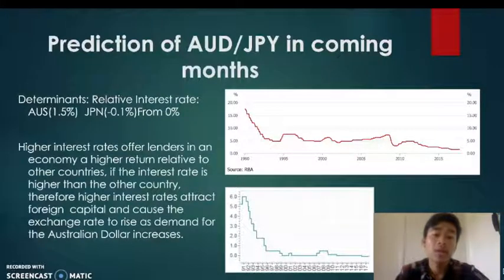The impact of higher interest rate is mitigated, however, if inflation in the country is much higher than the others, or if additional factors serve to drive the currency down. The opposite relationship exists for decreasing interest rates. That is, lower interest rates tend to decrease exchange rates.